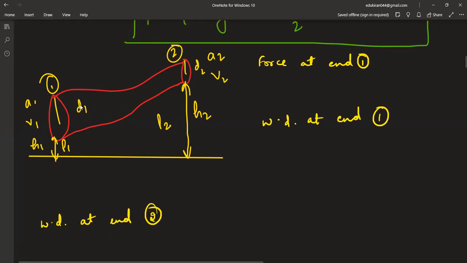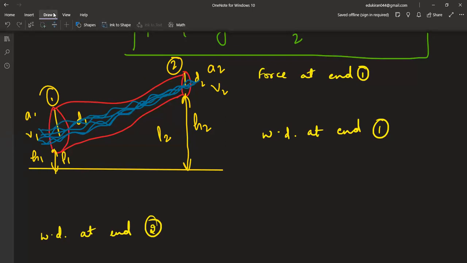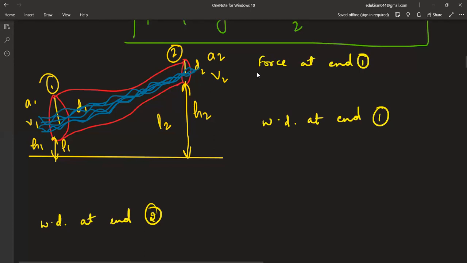Now we'll allow water to move. Fluid will be flowing through it. Now look, when we look at the first end, the force at the first end, F1, will be equal to pressure into area, P1 A1.